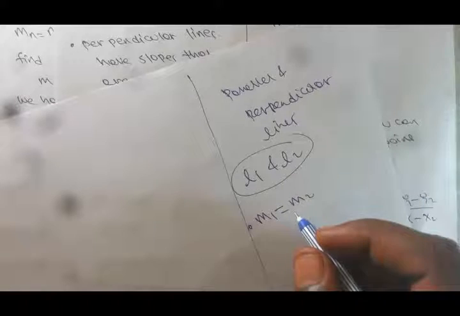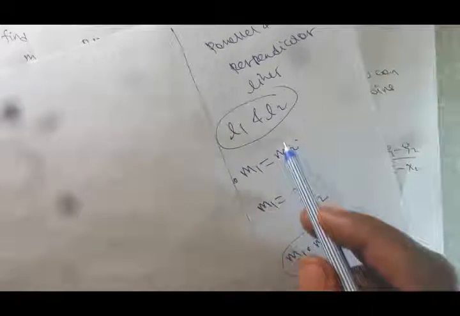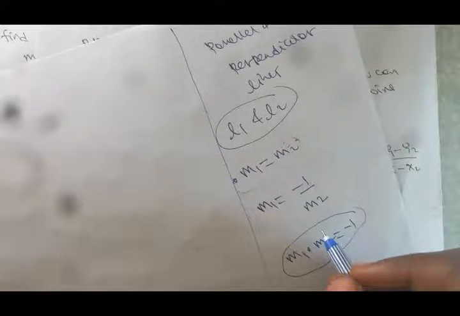And two lines are said to be perpendicular if m1 is equals to minus 1 over m2, or the multiplication of m1 times m2 must give minus 1. Therefore, if two lines are parallel, their slopes must be the same. And if two lines are perpendicular, the multiplication of their slopes must give minus 1.